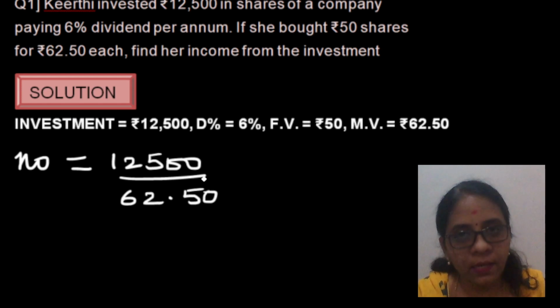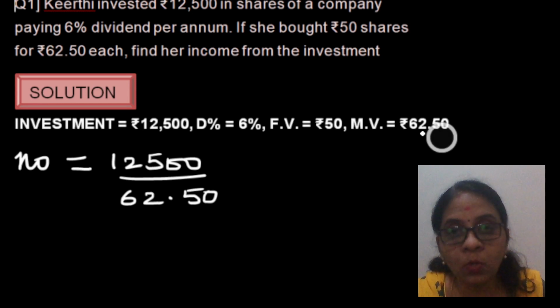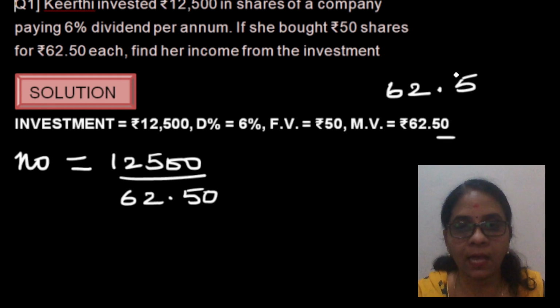Children, one point I want to stress on: if you are getting a decimal value when you are finding some amount, ensure you write in two places of decimal. If you write, say for example 62.5, there is a high chance for you to lose your mark if this is your final answer.